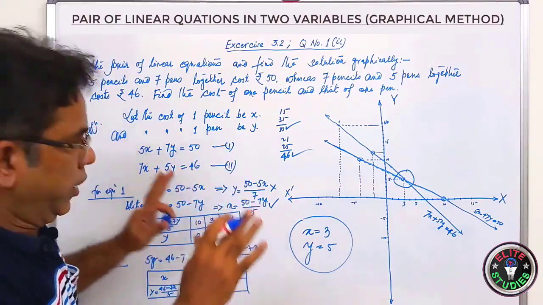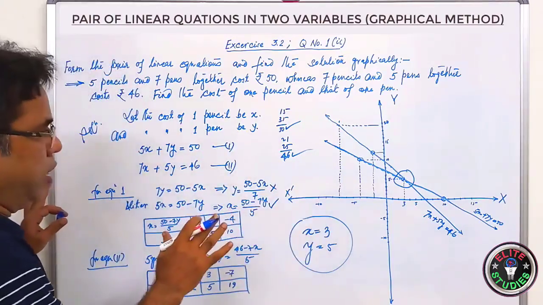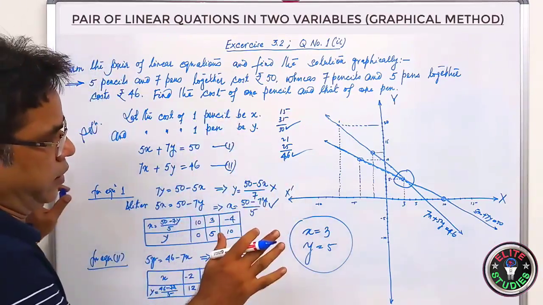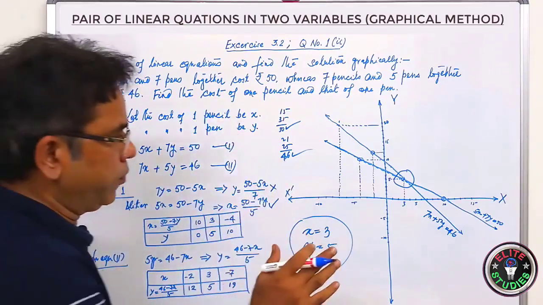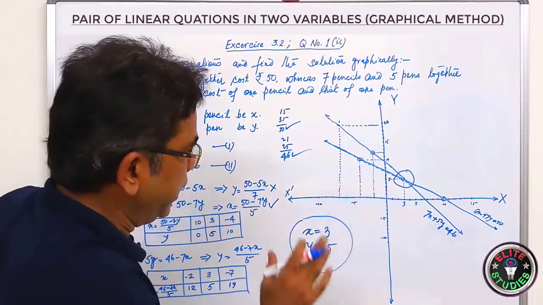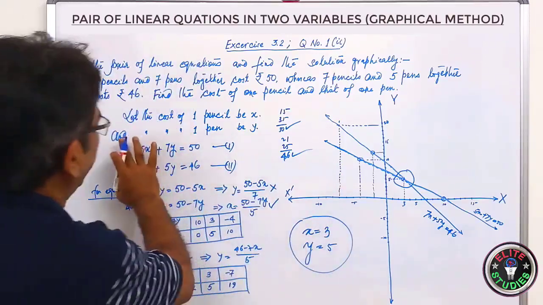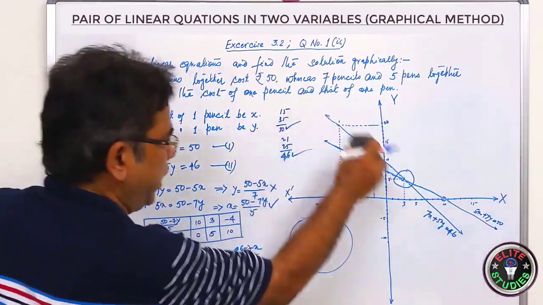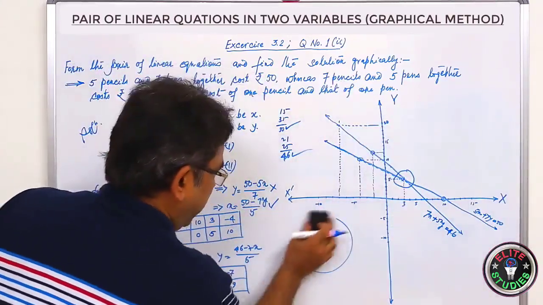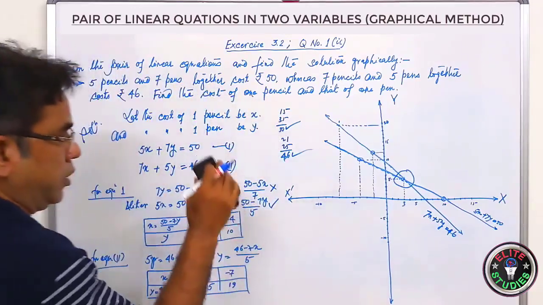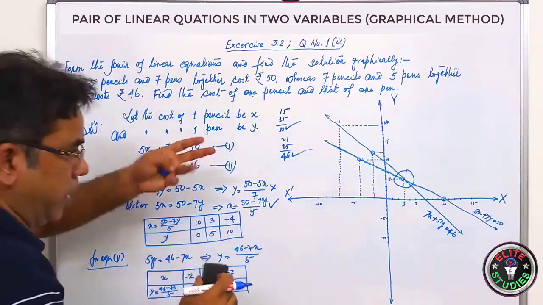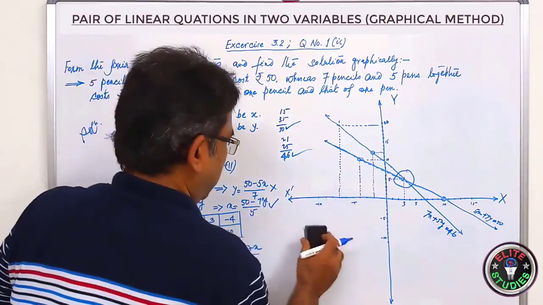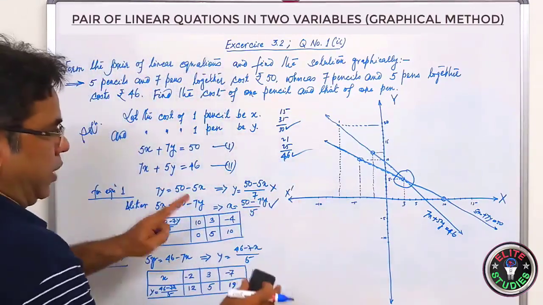So dear students, this is how we solve a given pair of linear equations graphically. The most important thing to note here is that whenever two equations are given, their graphs will no doubt be two straight lines, but the type of relation between these two lines can differ.